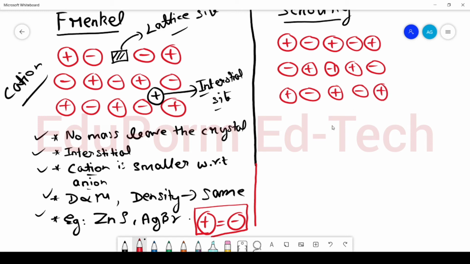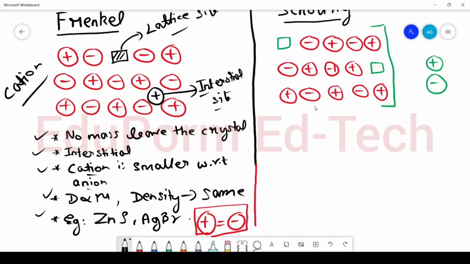So this is our crystal geometry. Now let's say that one cation and one anion leave the system. They permanently leave the system by making vacancies. So one cation and one anion left the crystal geometry.